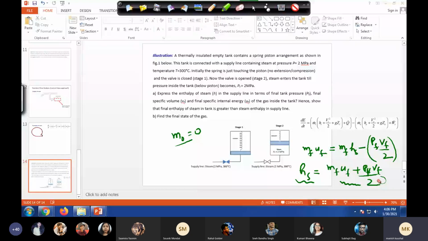Let's go back and point out if there is any mistake. Oh. Okay. You are saying if I put MF here, then it's fine. Now it's okay. So if you want to divide it by MF, then this is MF. I think I have missed something, or is there any calculation mistake, you think? I don't think so. Fine.